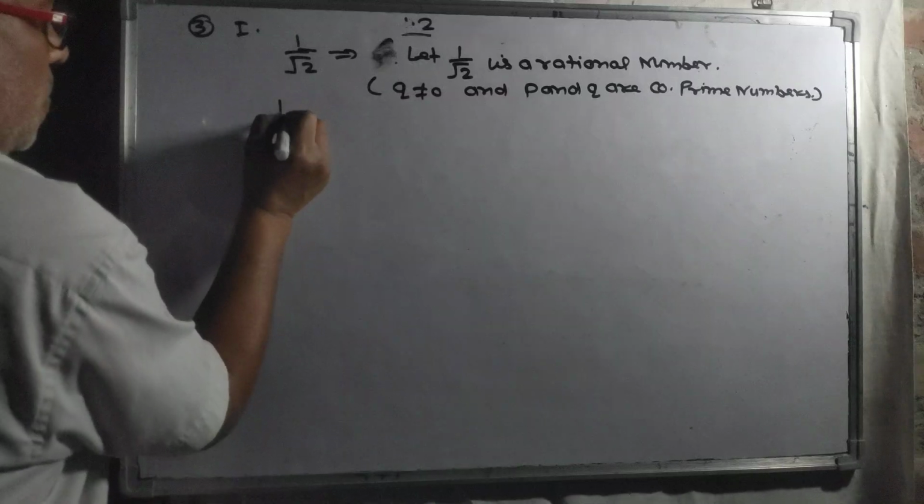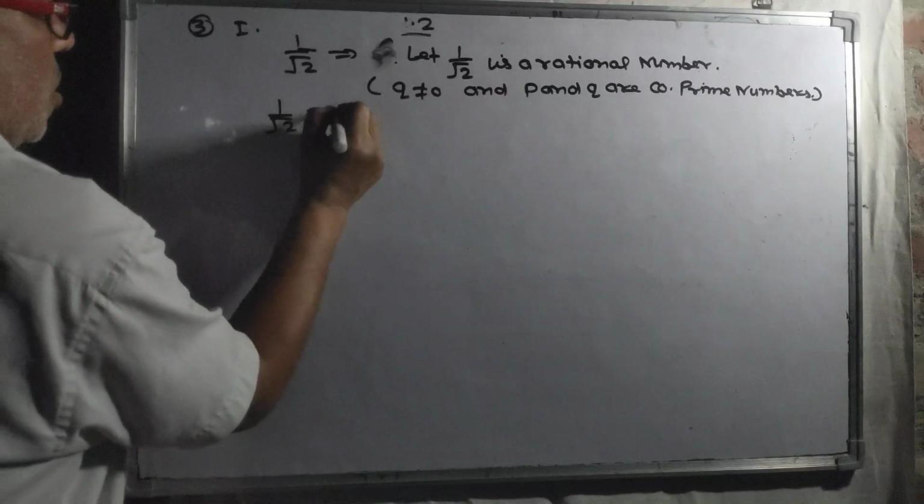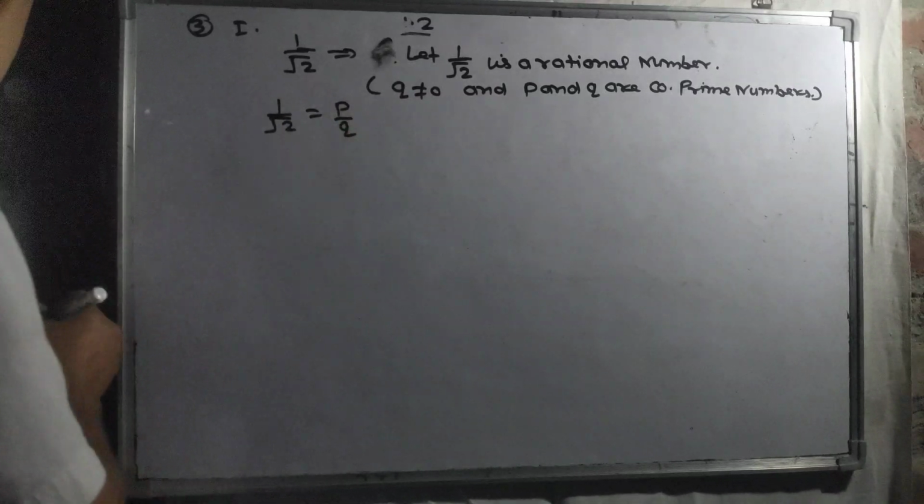So 1 upon root 2 can be written in the form p by q.